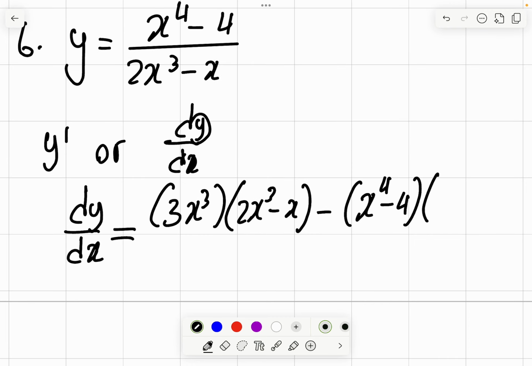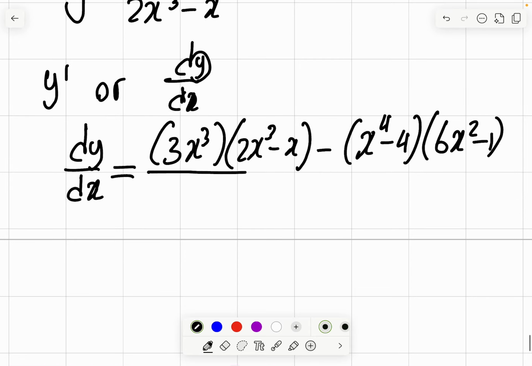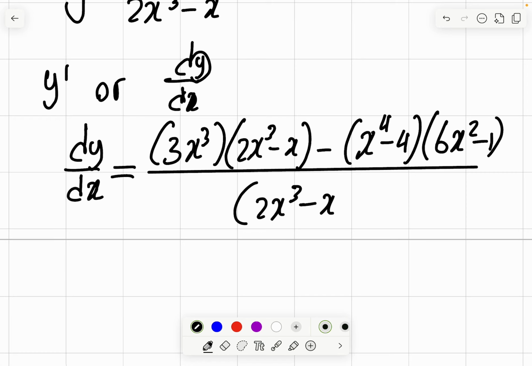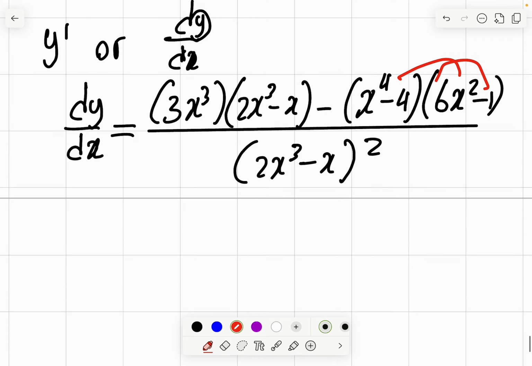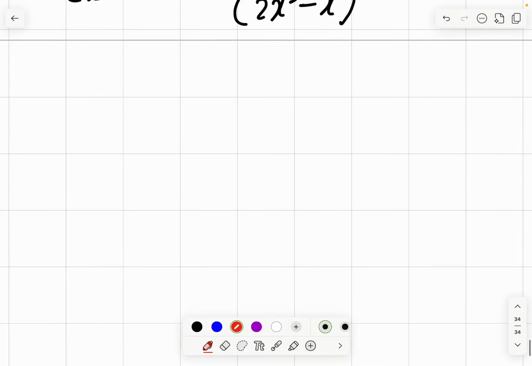I derive the one in the denominator: 3 times 2 is 6, 6x squared minus 1. Therefore, I square the denominator: 2x cubed minus x all squared. It's going to take time to multiply these things, so it is safe to leave the answer as it is.